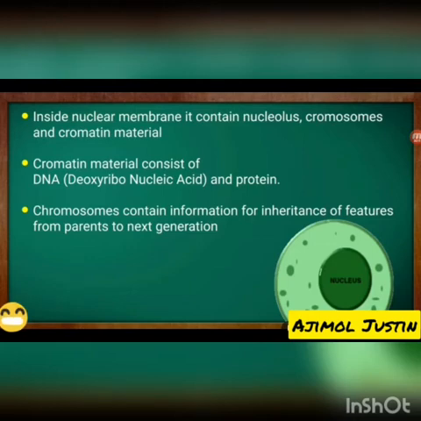Chromosomes, what are they? Chromosomes are those substances which contain the information of inheritance. That means from a parent to the next generation. Okay, and the chromatin material means it consists of DNA and protein. So all these things are present inside the nucleus.